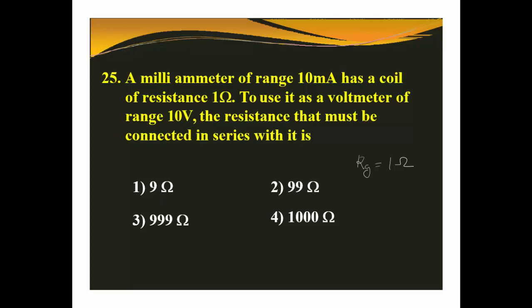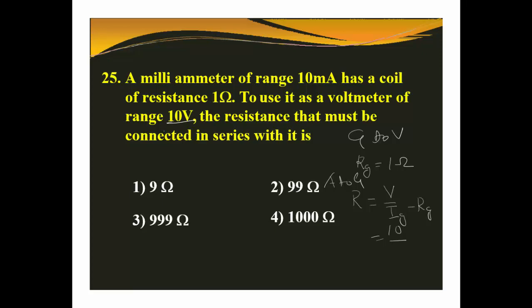The formula for the resistance for conversion of a galvanometer into a voltmeter is V by Ig minus Rg. In the same way, for conversion of an ammeter to a voltmeter, the formula remains the same. Both are the same. Here the range is 10 volt, so I will write 10.